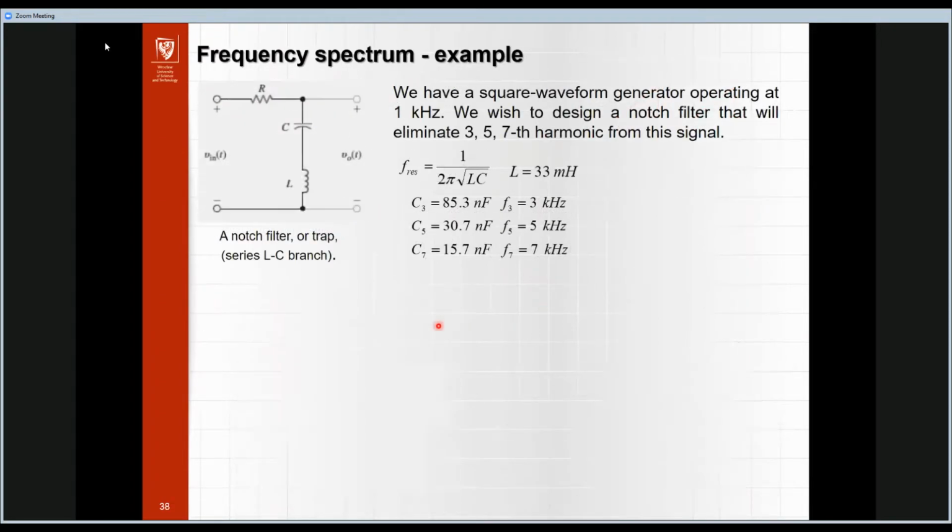Okay, and now we have an example of a frequency spectrum. We can imagine that we have a square waveform generator operating at 1 kilohertz as a source, and we wish to design a notch filter that eliminates, for example, the first, 5, and 7 harmonics from this signal.